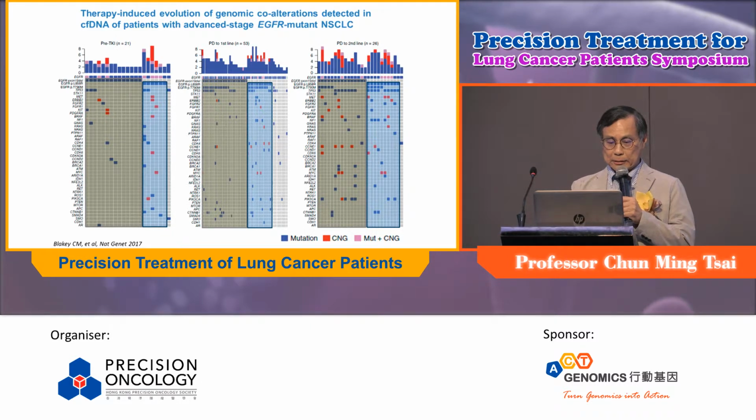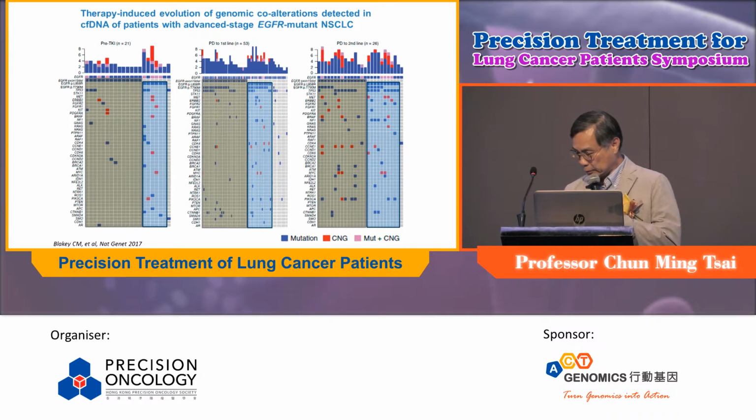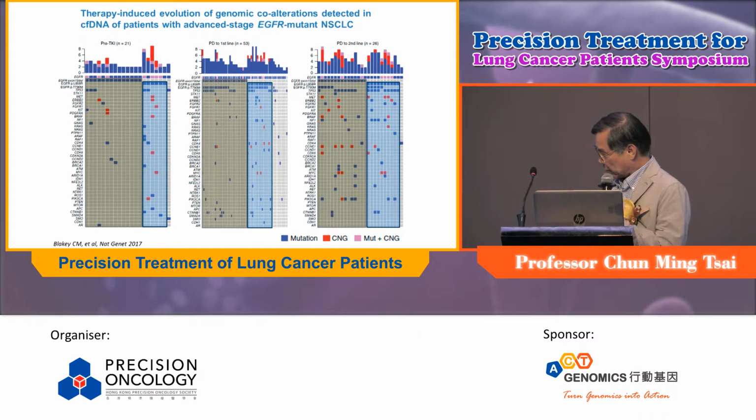This gray column is the patients with exon 19 deletion, and the other gray column here is the patients with L858R mutations. You can see that the patients with L858R mutations have more aberrations of genes, more genetic change.